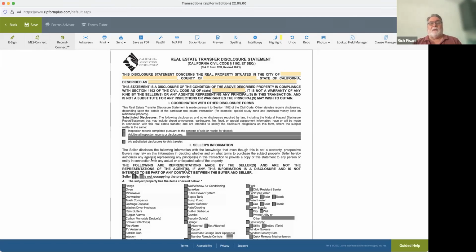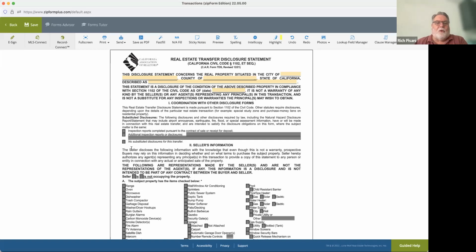If somebody doesn't have knowledge of the property, then they're exempt in those categories. So every blank space is important, including the date.